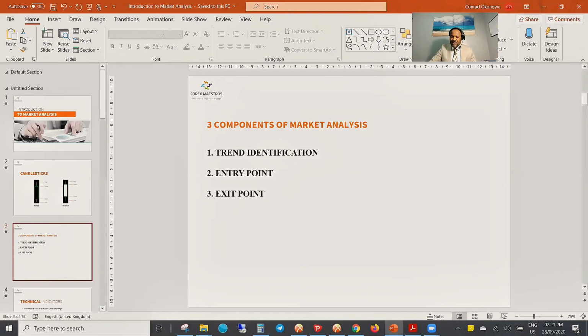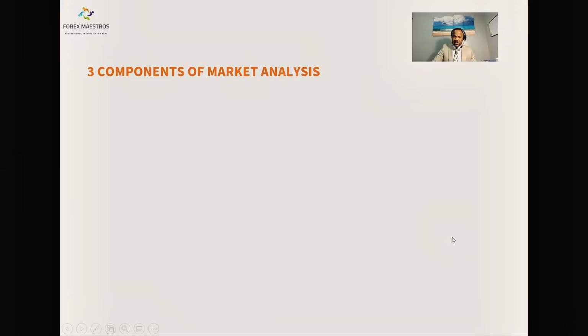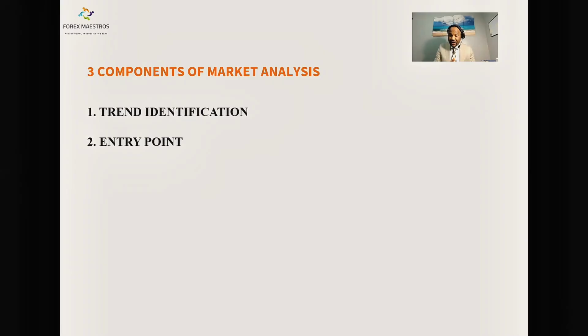So the second thing is entry points. Having identified the trend, you now have to identify, where do I enter to buy or to sell? Where is the entry point to buy or to sell? Is that okay? That's the second thing.